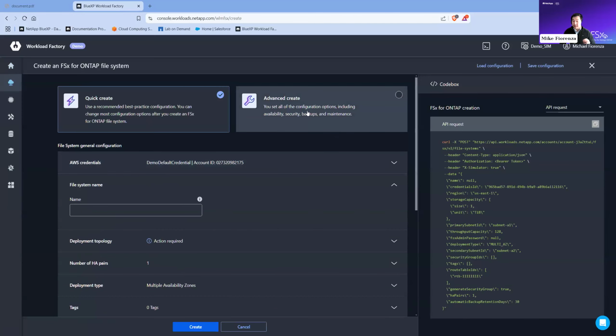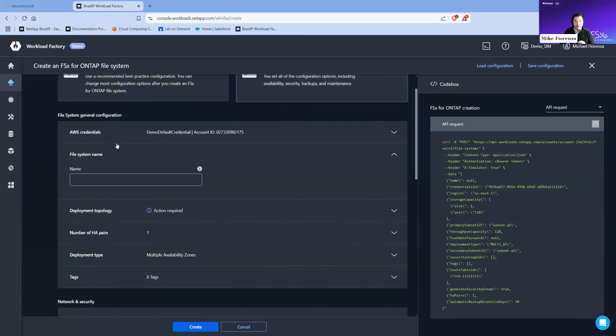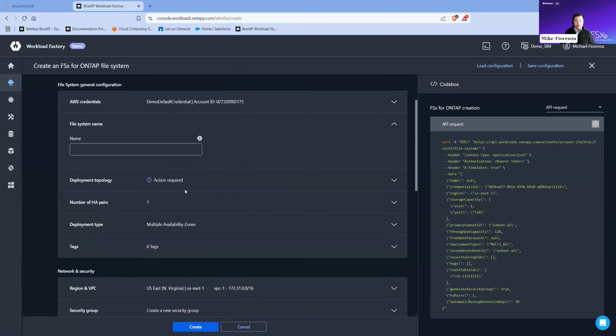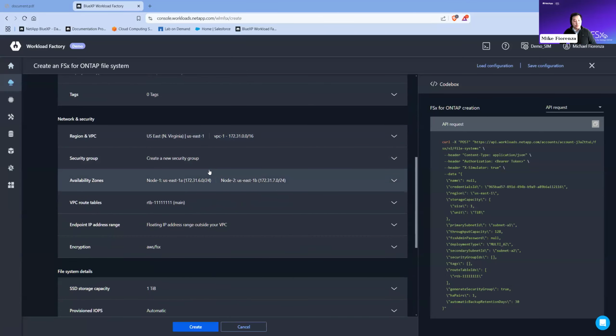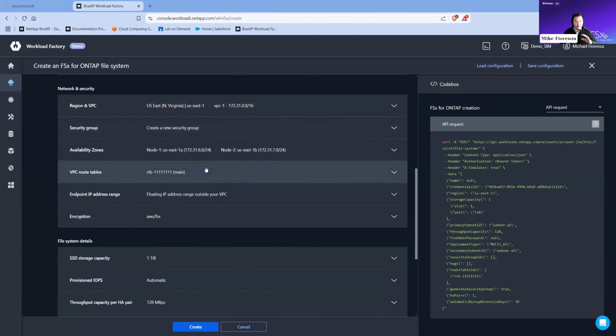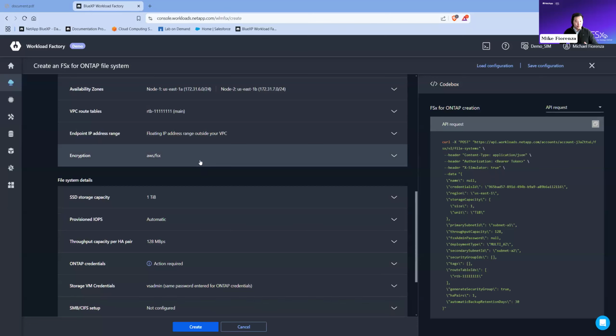Now, this is going to be very similar to the process that you would get going through the AWS console. But what's unique about Workload Factory is as you start to create your file system, as you enter these parameters, you set your security groups, you set up your networking, your route tables, you set all these different PIOps, your throughput, your SVM and credentials.